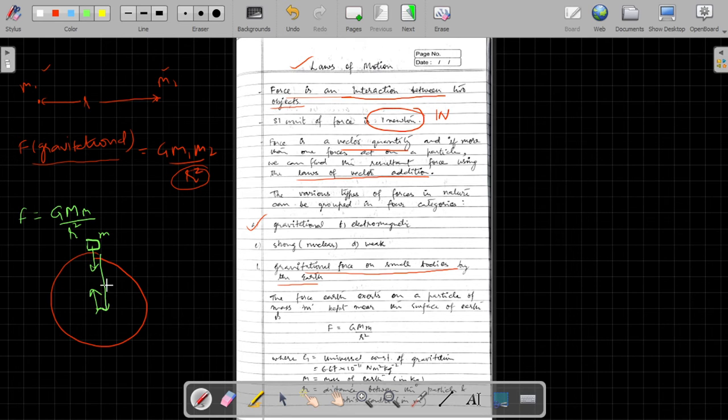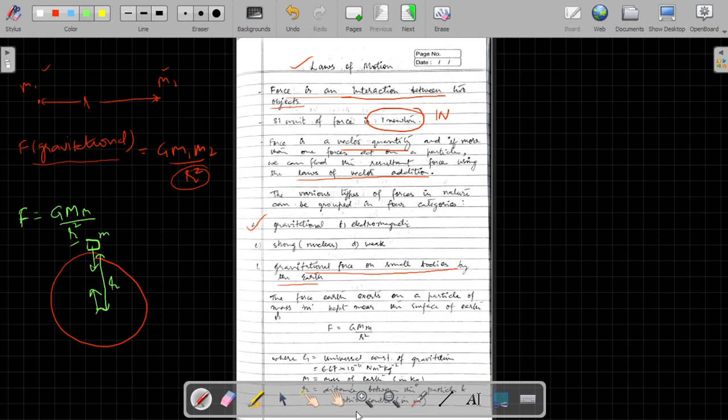This distance would be the radius of Earth, and we would say that G M m upon r square is the attractive force between these two bodies. And since all bodies fall towards the center of Earth, the force would be acting in the vertically downward direction.